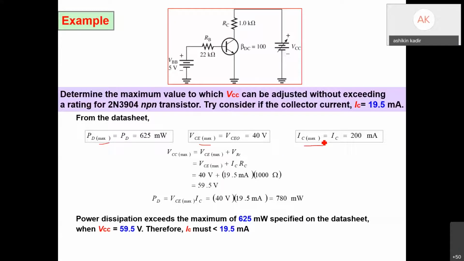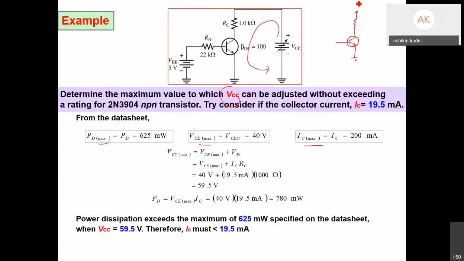So from these values, you can determine what is the maximum VCC that can be applied to the circuit so that your circuit can still function. Actually here, VCC equals VCE plus VRC.